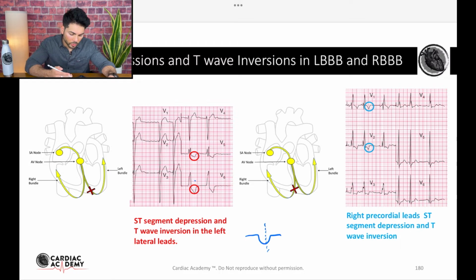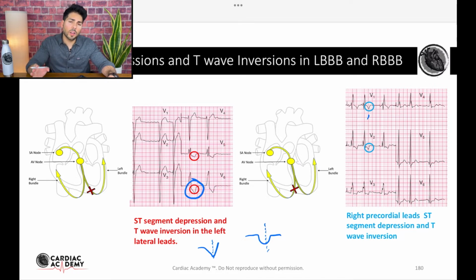Now compare that to these ones right here. You can see that they're asymmetrical. They have a negative downsloping, and then they have a quick upstroke, okay? And if you do a mirror image, they look completely different. This is because they are secondary repolarization abnormalities, okay?